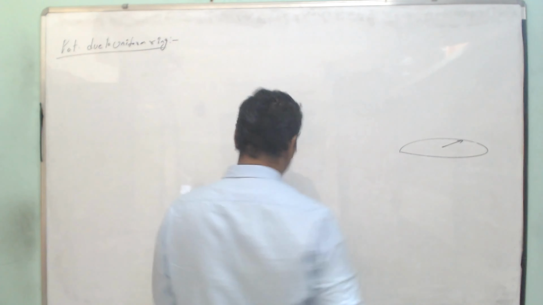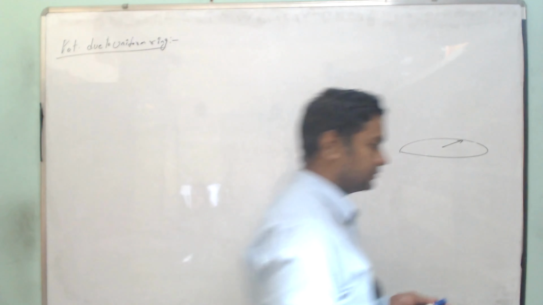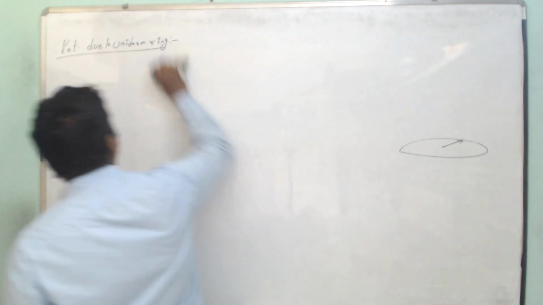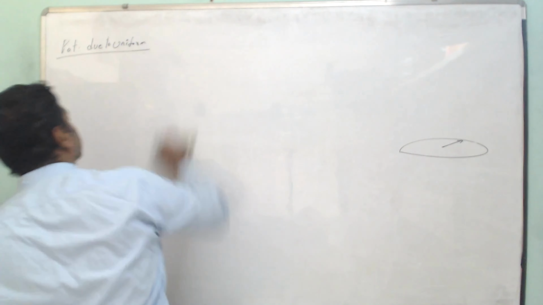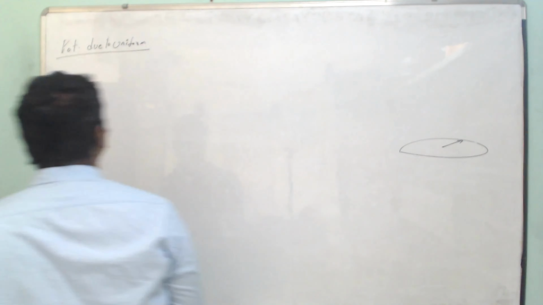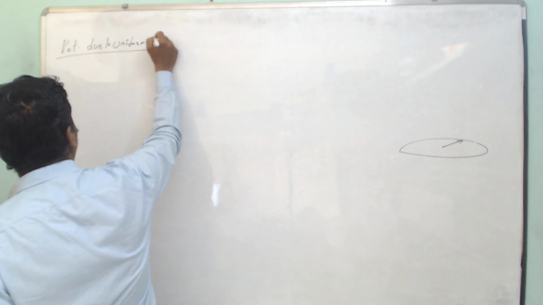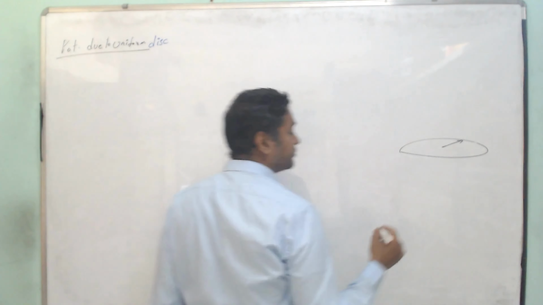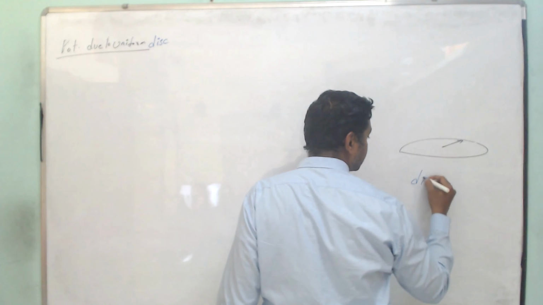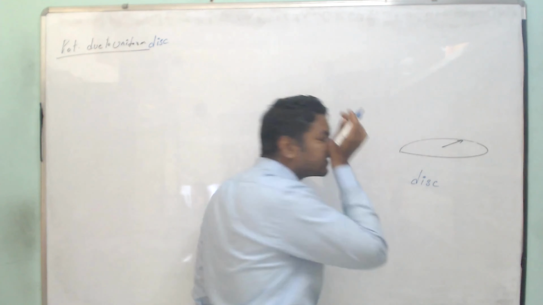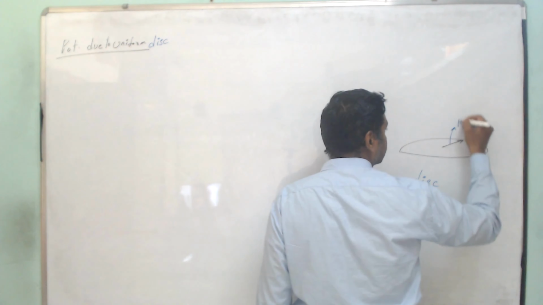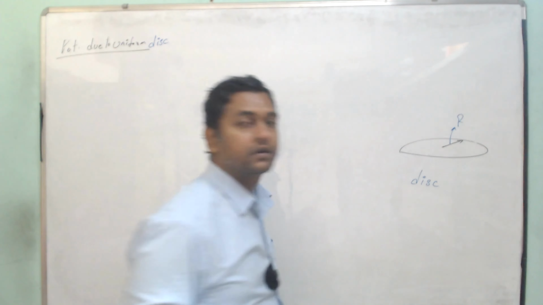Is that a uniform disk? Sorry, uniform disk. So what should my element be for a disk? Ring, sir. Ring, right? So let's take this radius of the disk to be capital R.